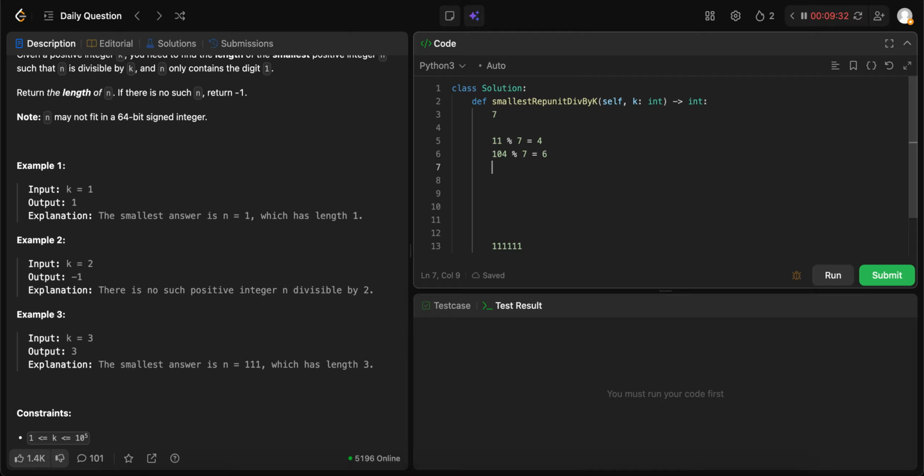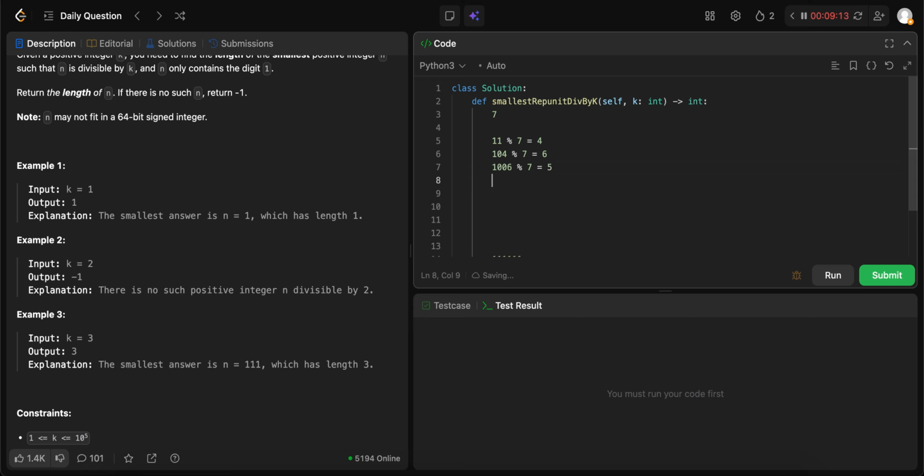Next I'm adding 1,000, so this is 1,006. Mod 7 is what? 1,006 divided by 7 is 143. 143 times 7 is 1,001, so this is 5.